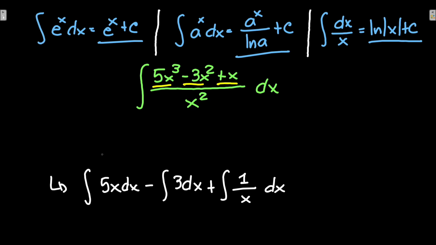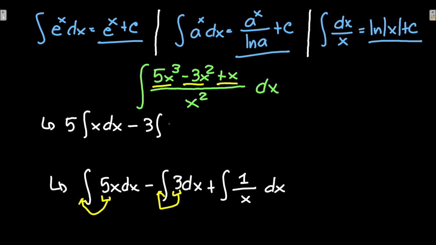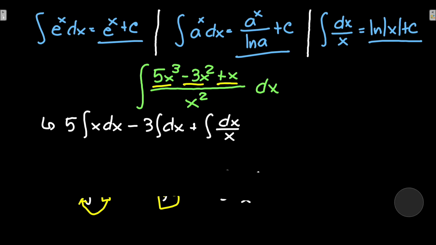Now that we have this, put the constant outside the integral. You can multiply the x by 1 here now. Now we can simply integrate this one by one.